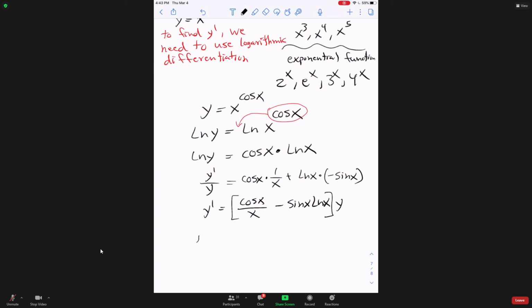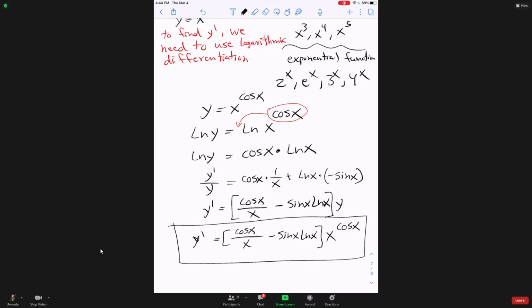Now replace y with what y is equal to, which is the original problem, x to the cosine of x. Any questions?